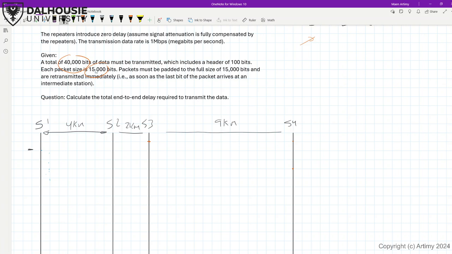I need to calculate the number of packets. So the number of packets is 40,000 bits total divided by 15,000. I'm just going to use the calculator here.